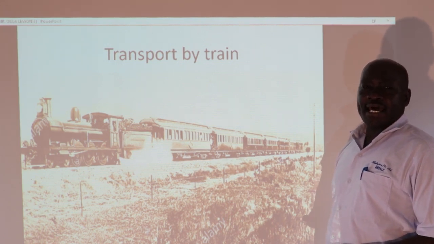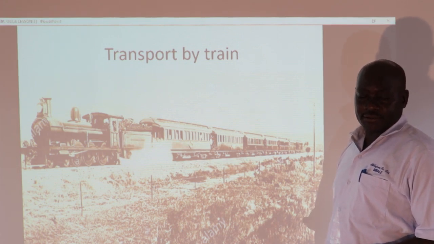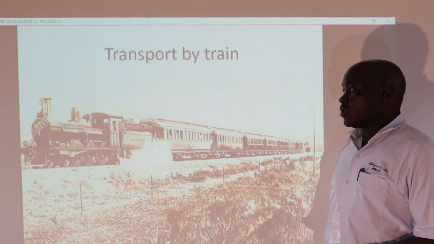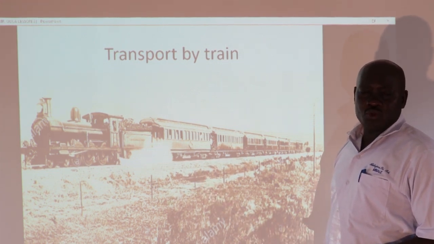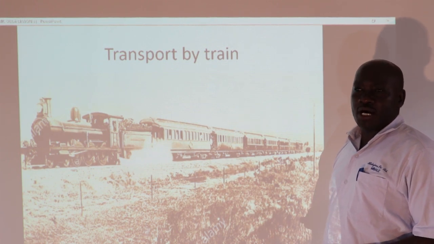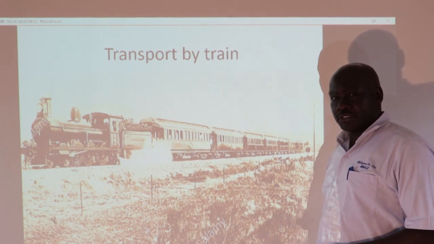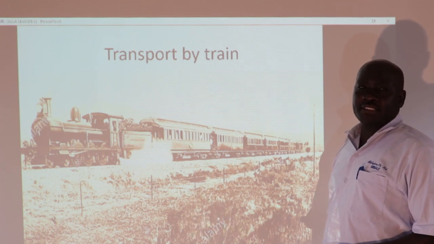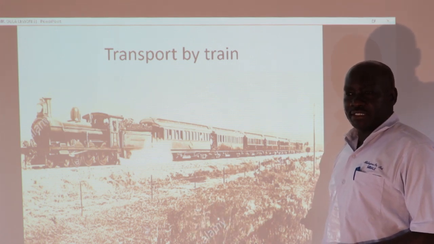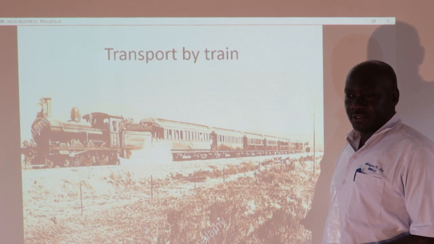Meaning that the act of using human beings to carry goods was stopped because trains could carry many goods compared to what human beings could carry from Uganda to the East African coast. And also, trains moved faster than human beings to the East African coast.